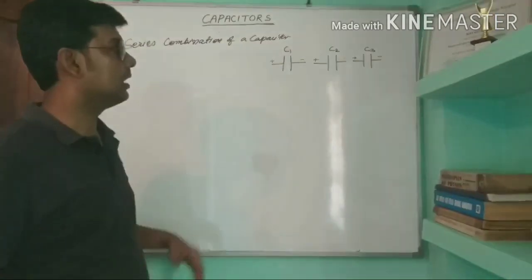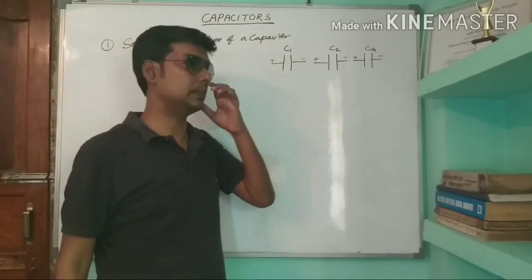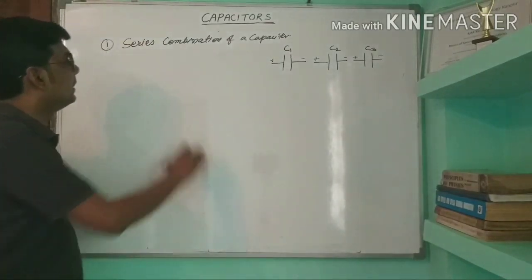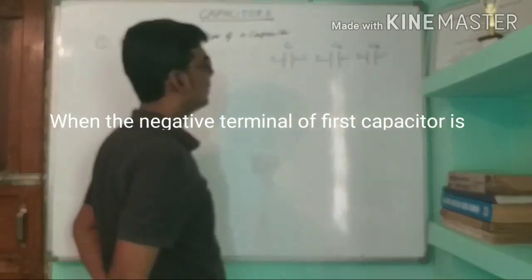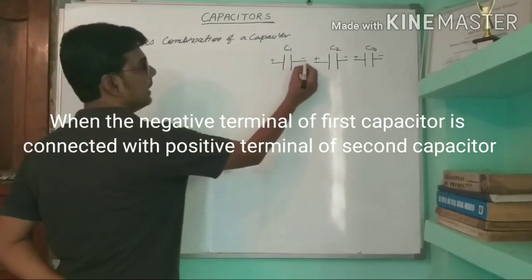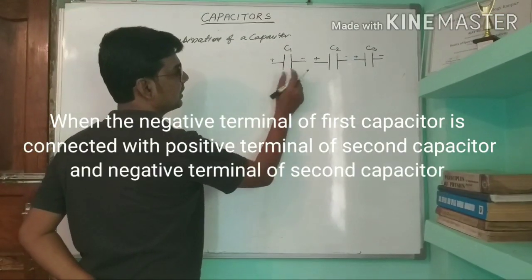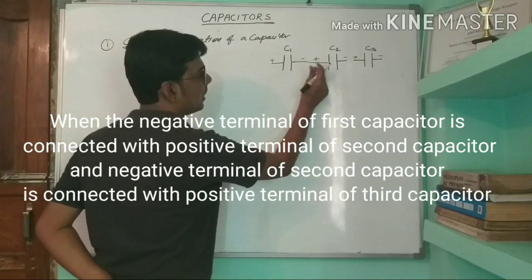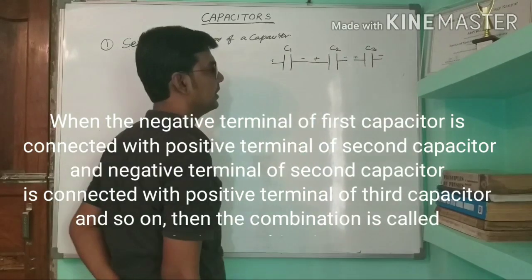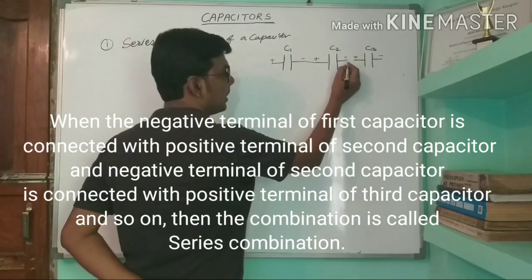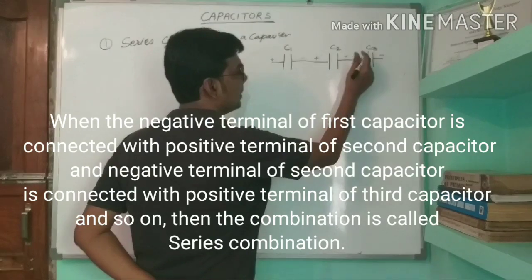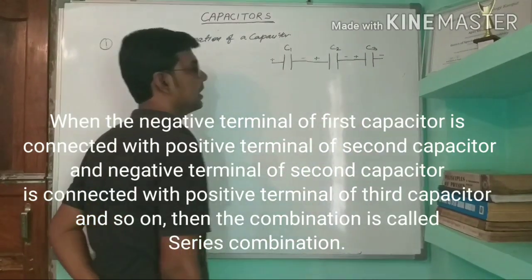Now let us consider three capacitors. A series combination is the combination in which the negative terminal of the first capacitor is connected with the positive terminal of the second capacitor, and the negative terminal of the second capacitor is connected with the positive terminal of the third capacitor.